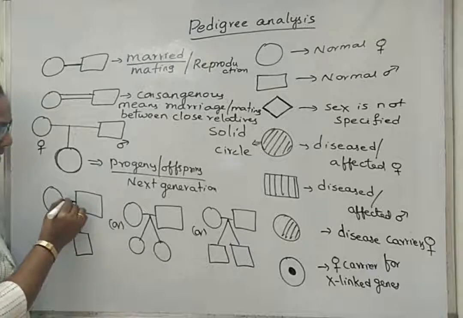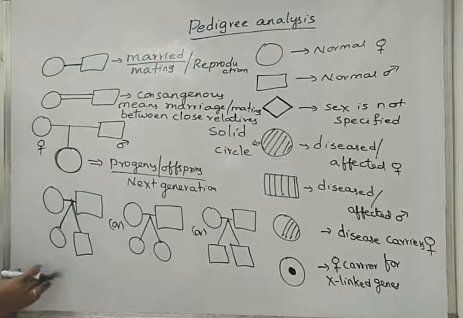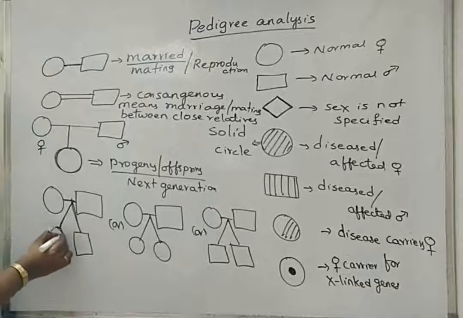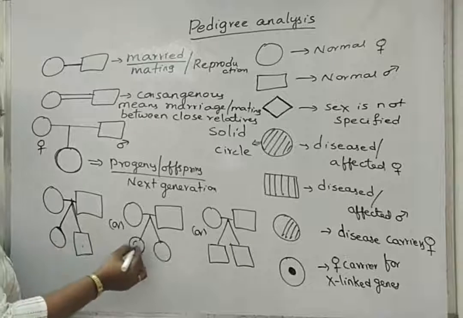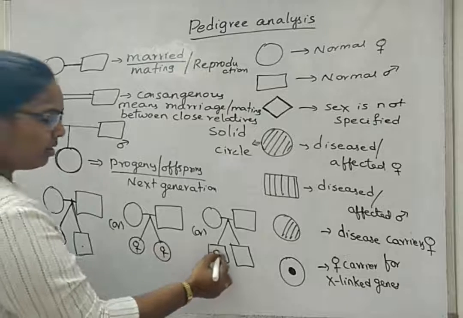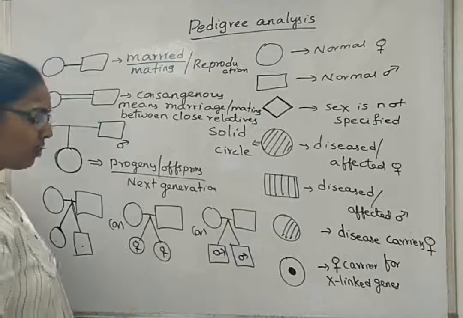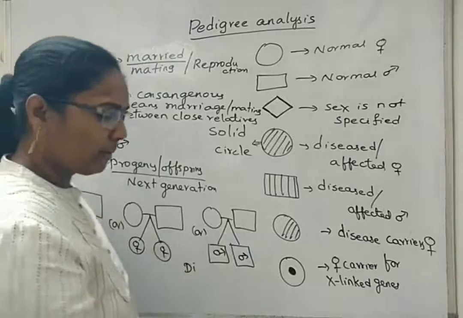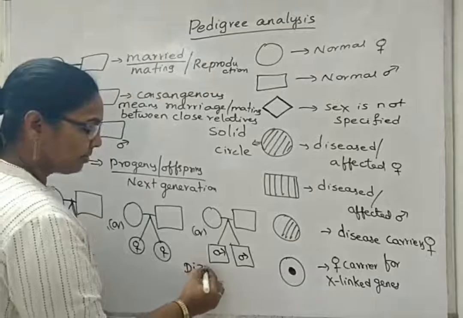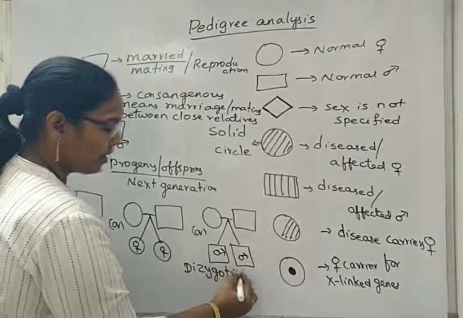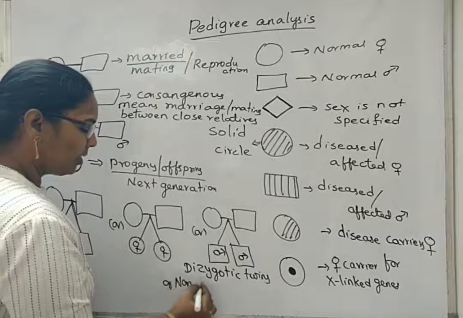But if the same representation has two offspring, either a female and a male, or two females, or two males, then such a representation is called dizygotic twins or non-identical twins.